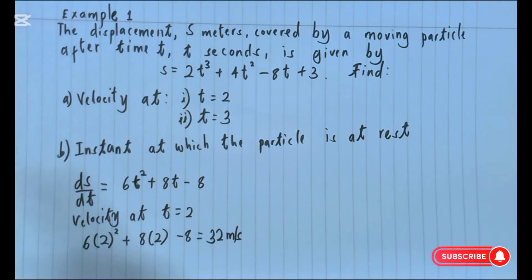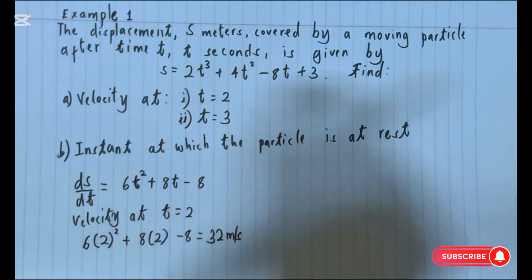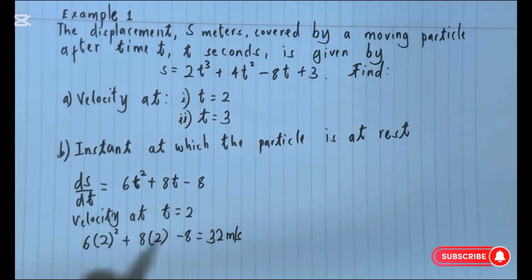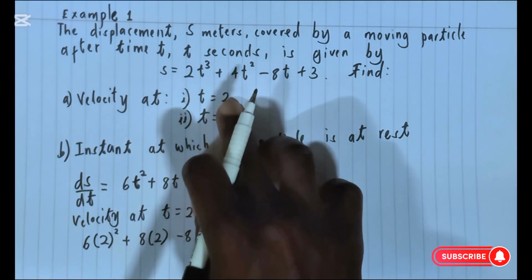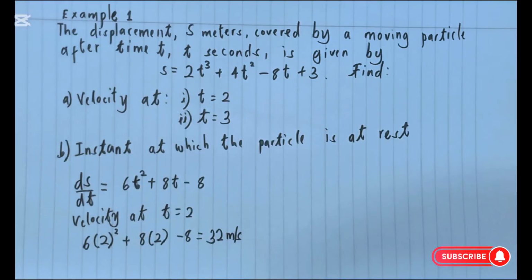Now, for us to find the velocity at t equals 3, we'll basically do the same thing we did for 2, but now instead of t equals 2, we have t equal to 3.